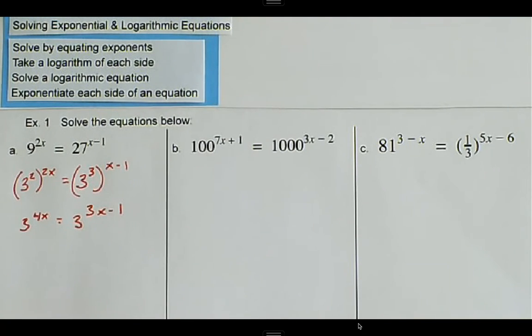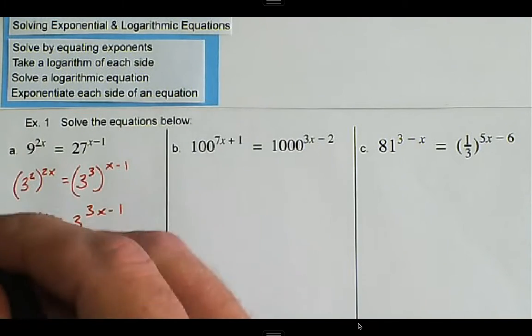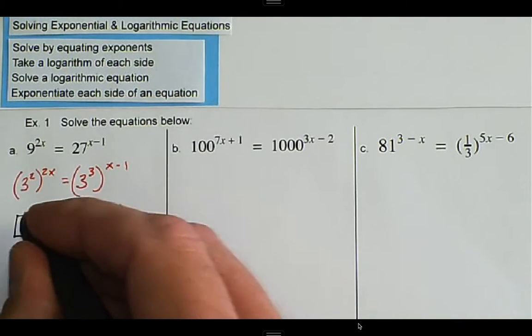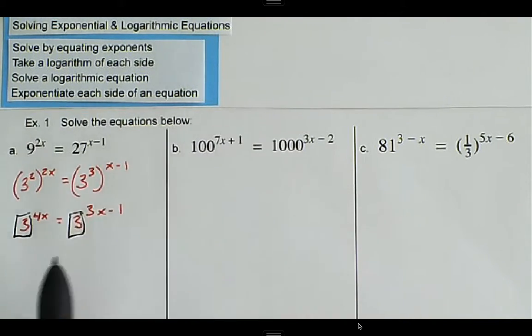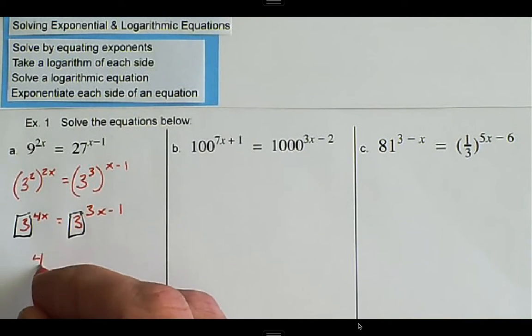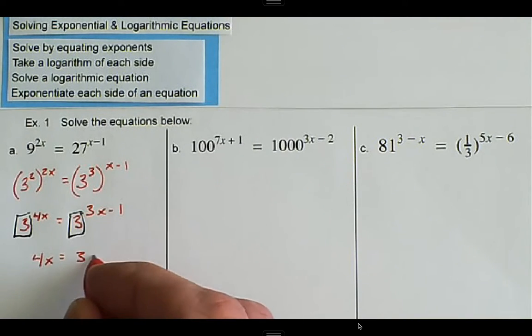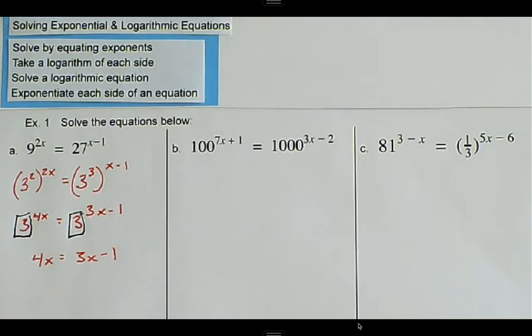Now at this point, we have the same base. So our bases are 3. If our bases are the same and they're equal, then the exponents have to be the same. So now we can say 4x is equal to 3x minus 1.